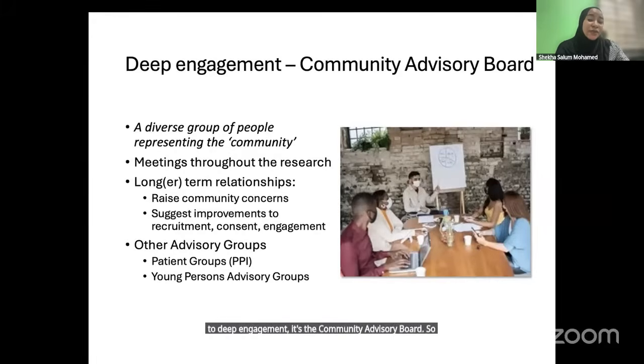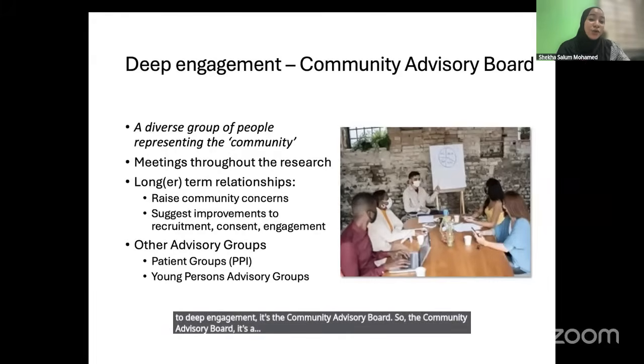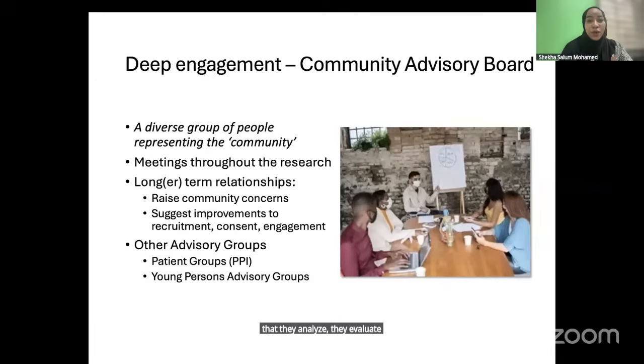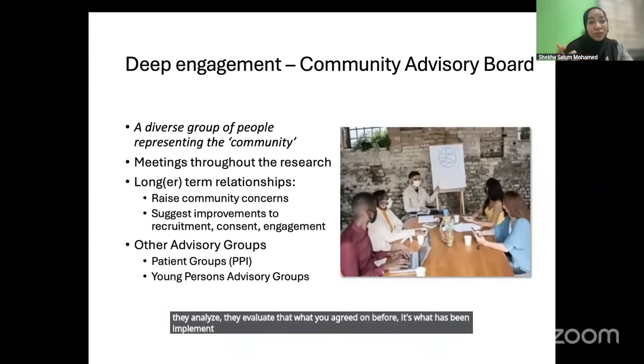The community advisory board comprises a diverse group of people representing the community, and it broadly meets periodically throughout the research to make sure they evaluate that what you agreed on before is what has been implemented throughout the cycle.